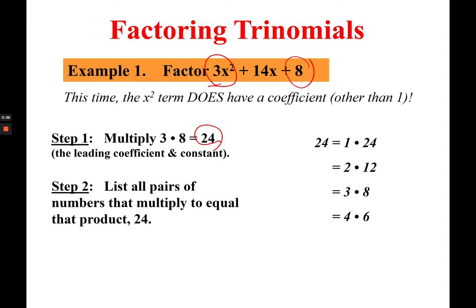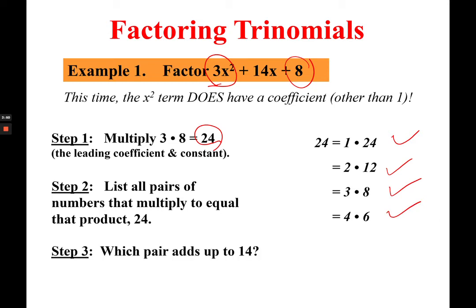Step 2, you are going to list all the factors of the result in number 1, which is 24. So you have 1 times 24, 2 times 12, 3 times 8, and then 4 times 6. Step 3, you are going to find which pair adds up to 14. Where did 14 come from? It's actually the middle term of your given.